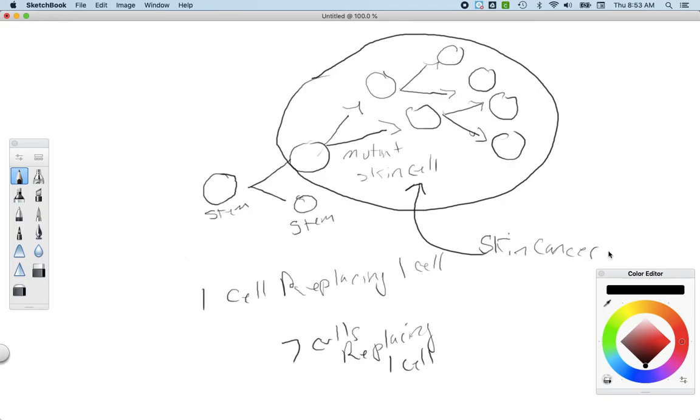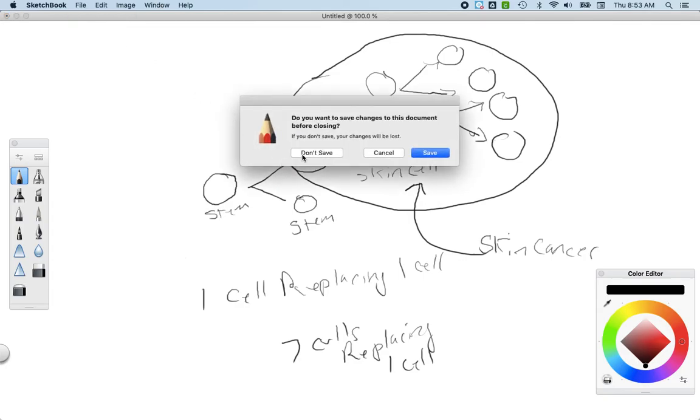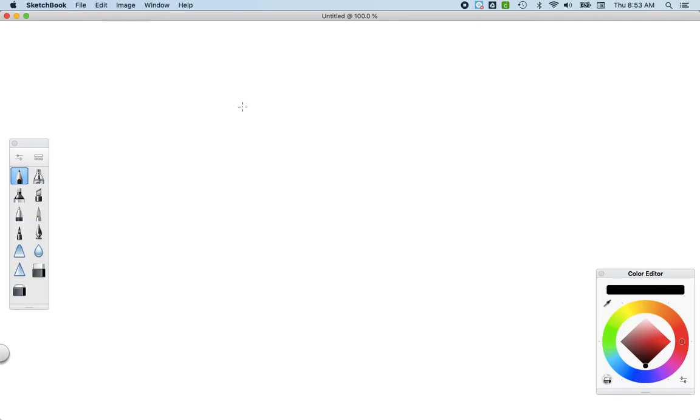Now, we also talked about in this section 2 other kinds of cells. One of them we just touched on, and that is our old friend, the stem cell.